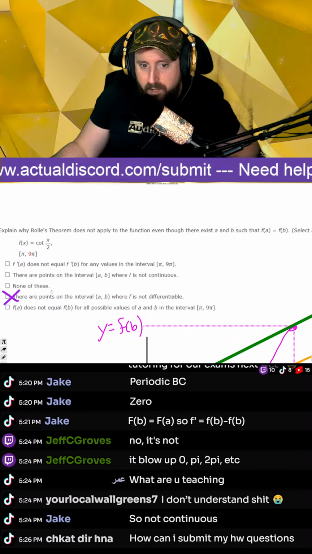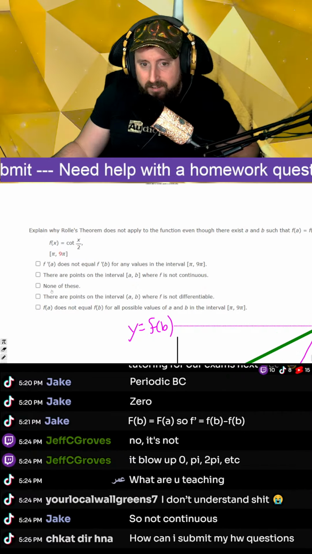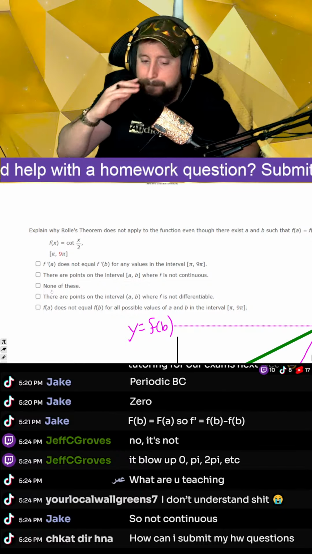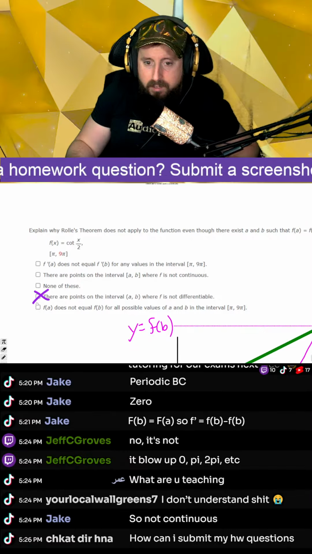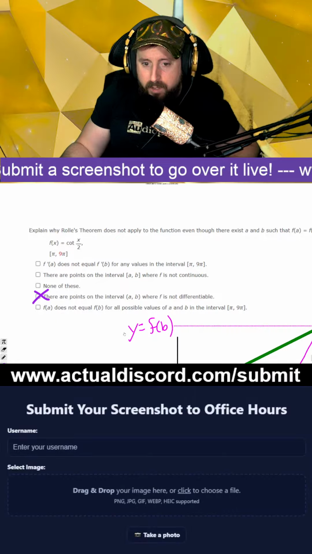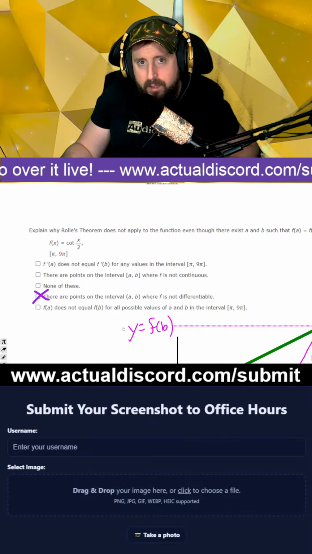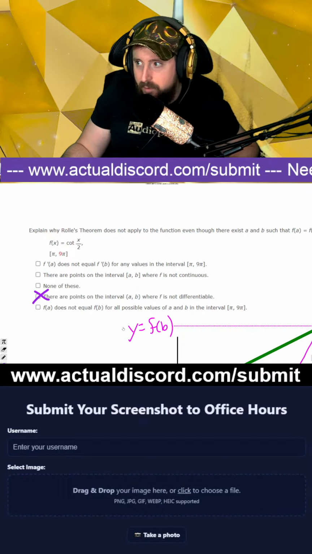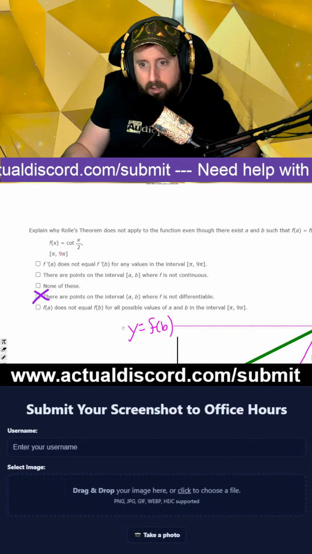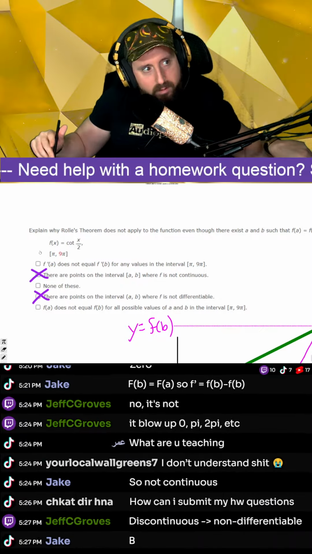Do we have to select all that apply? Anything in between pi and 9 pi, so it's a closed interval. So I think not differentiable. This is false. It can't equal itself. If it's discontinuous, it's not differentiable either, right? I agree with that. Oh, so then this is true.